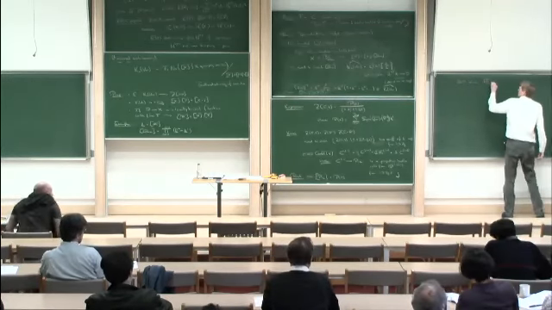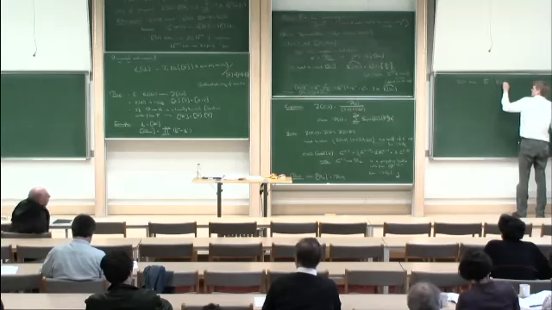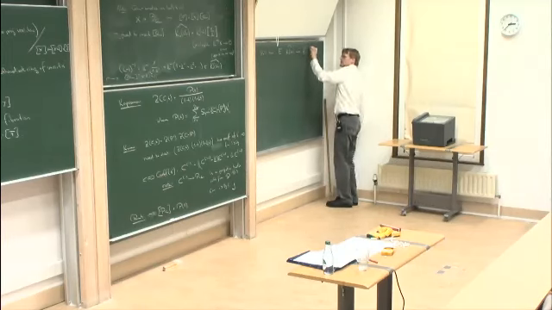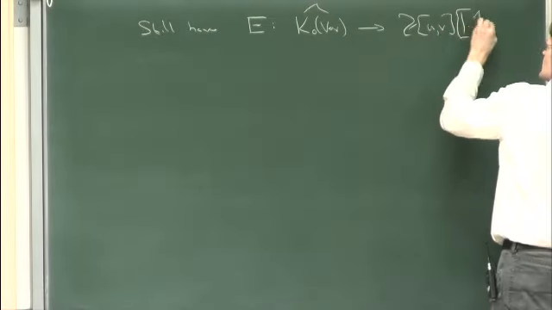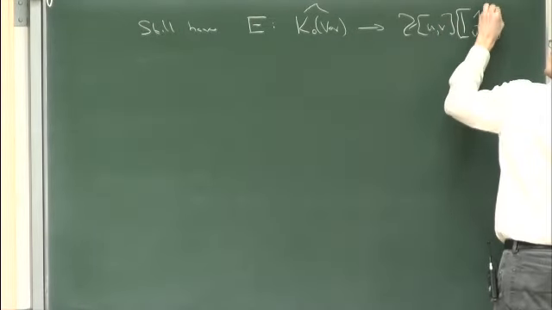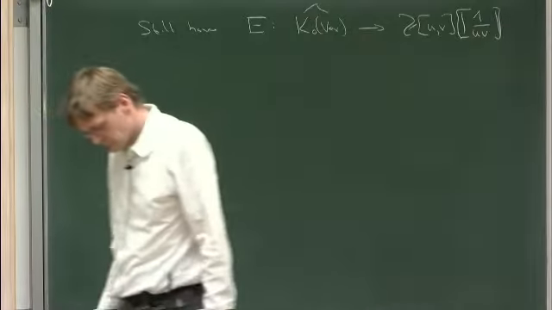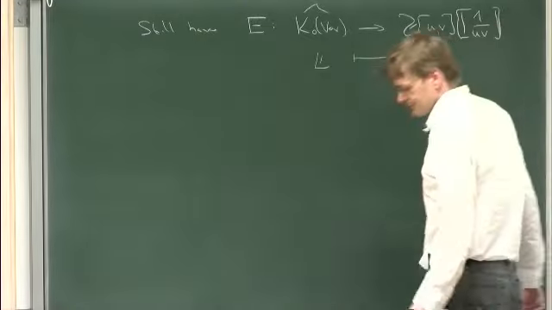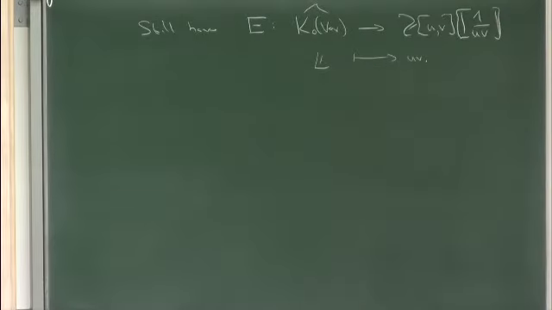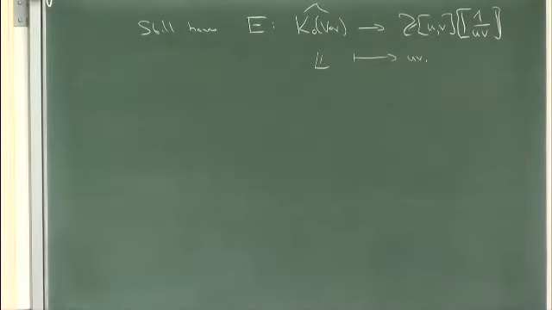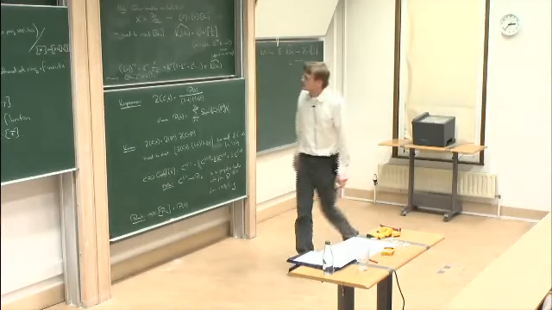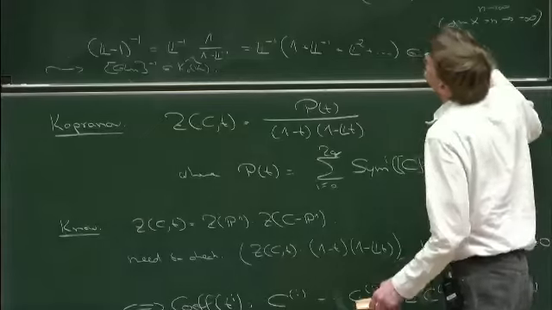We still have an E polynomial, and you just have to invert the class which is given by L. Okay, so now we can proceed.